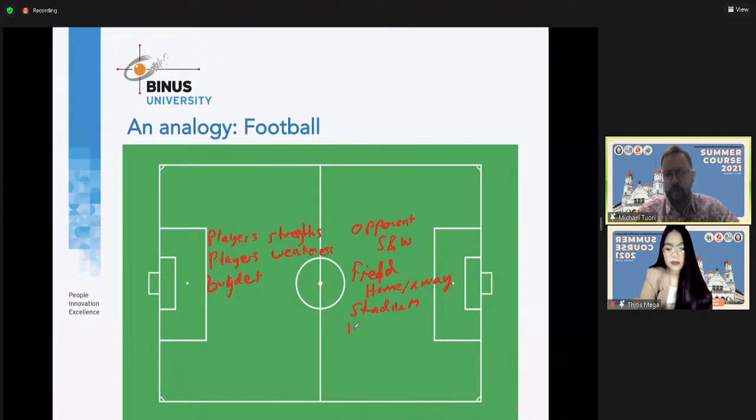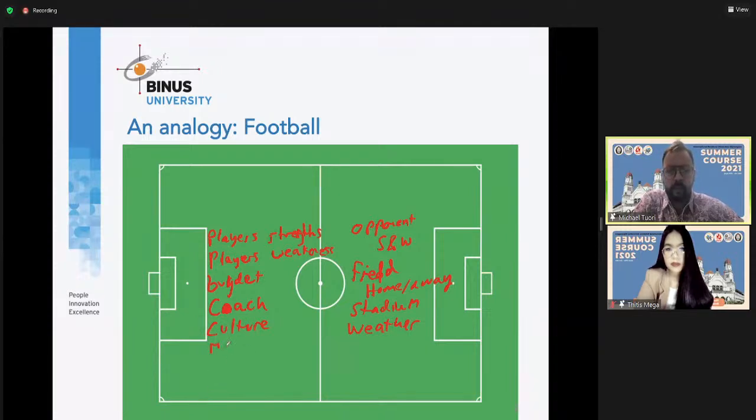What about the weather? You're going to play differently if it's raining than if it's sunny, than if it's snowing. Any other ideas? We have a coach, right? Our coach is really important. Sorry, I can't write today. We have a culture of our team, right?